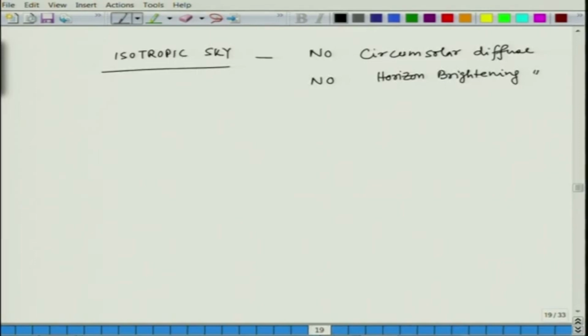So, what are we left with? Suppose this is the point where we have the collector and we have a tilted plane, the plane that we are interested in looking at the radiation intensity for. So, what does a sky dome look like?